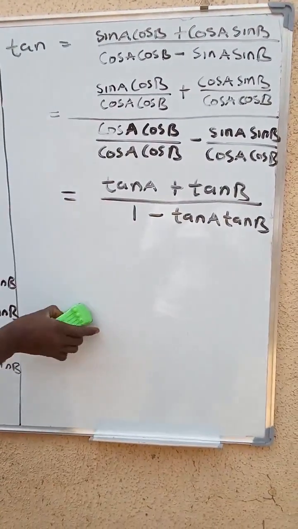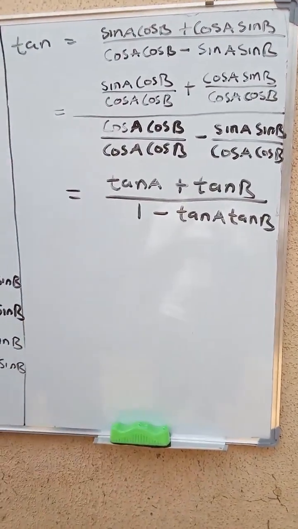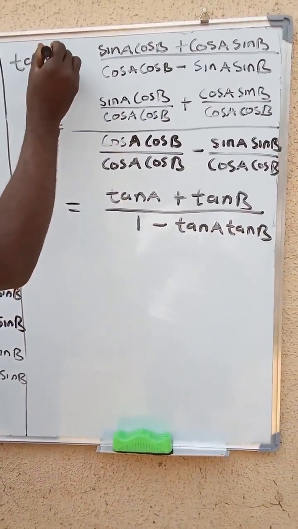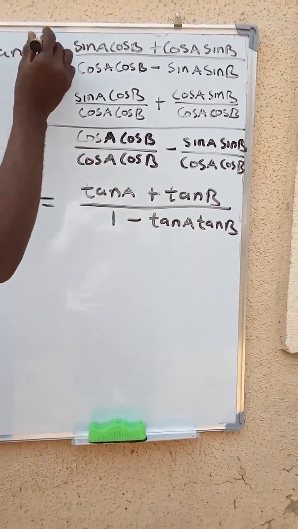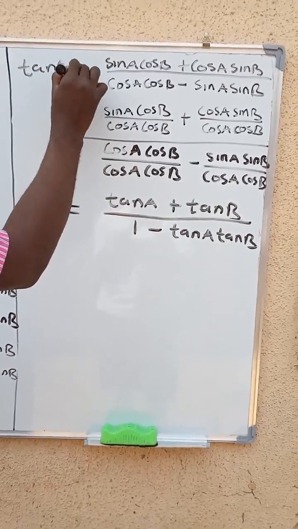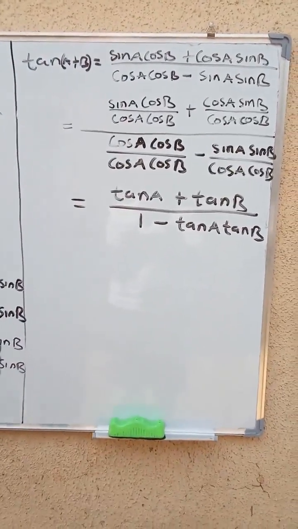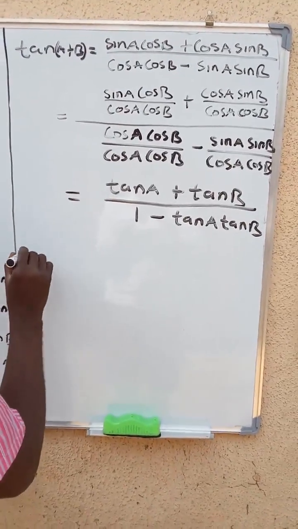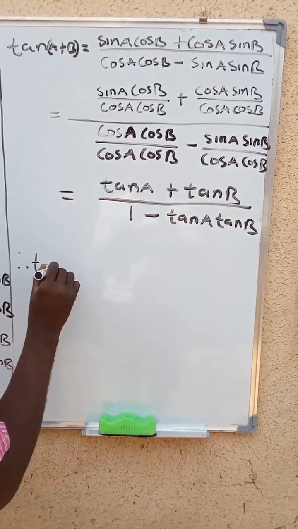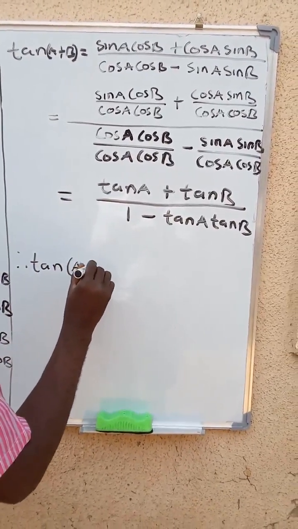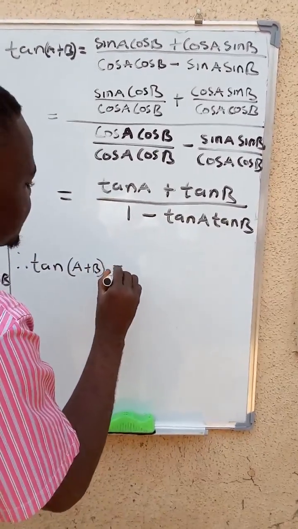Therefore, this is supposed to be, we put A plus B. So therefore, our tan A tan B, therefore tan A plus B is the same thing as what?